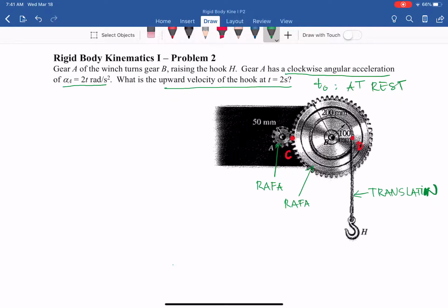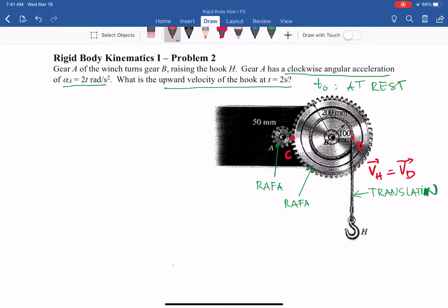So the question asks, what is the velocity of the hook? What we have here is VH equal to VD, because on the same translation body, every point has the same velocity. D belongs to the hook, H belongs to the hook and the rope there, so they have the same velocity.